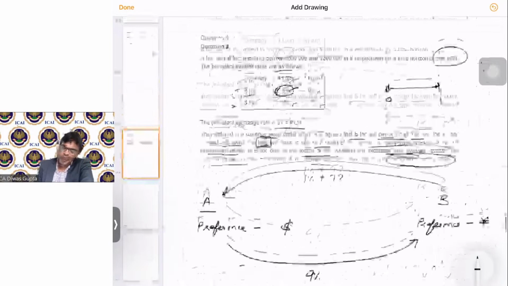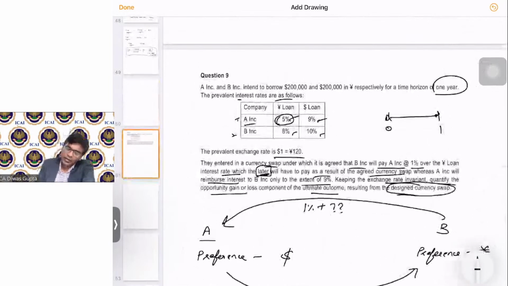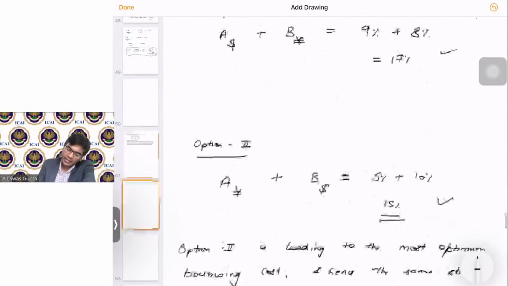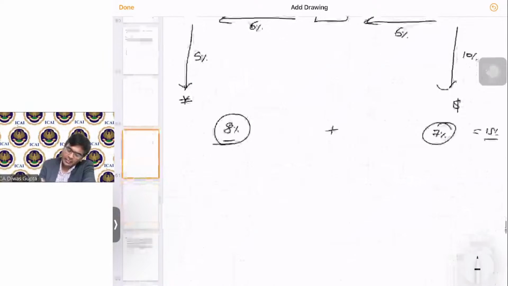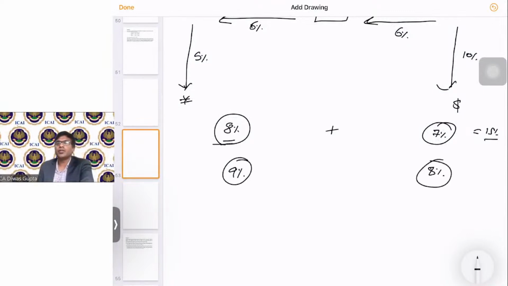And if they had not entered into the swap, then A would have ended up paying 9 and B would have ended up paying 8. If the swap is not entered. So there is a benefit of 1% to both the parties.